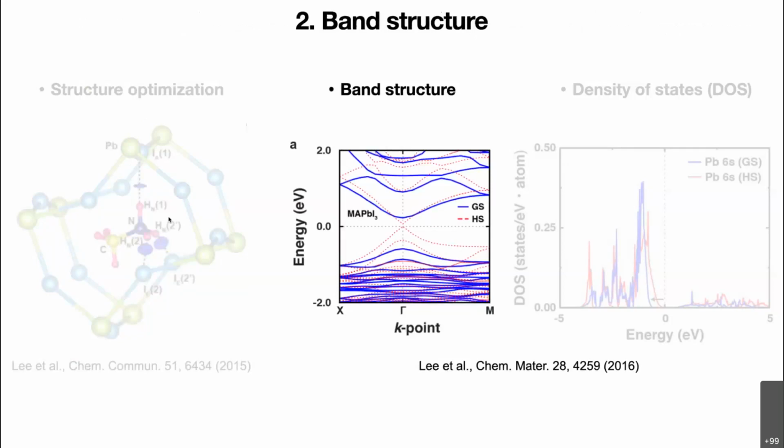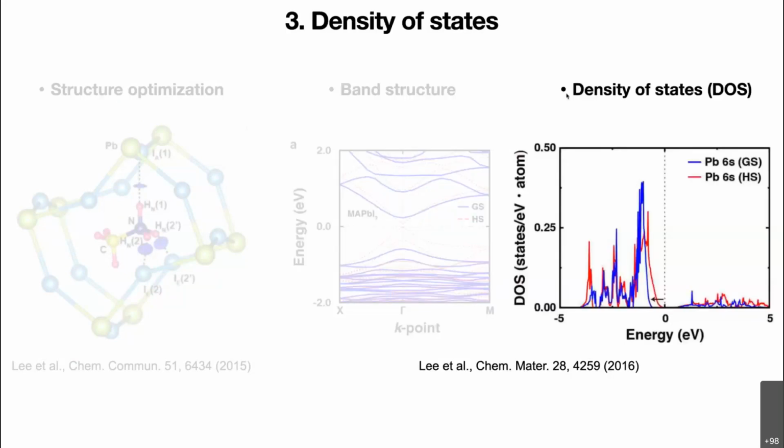Also, we can easily get the band structure of the materials, and we can get the effective mass and the band gap. We can also get the density of states of the material.